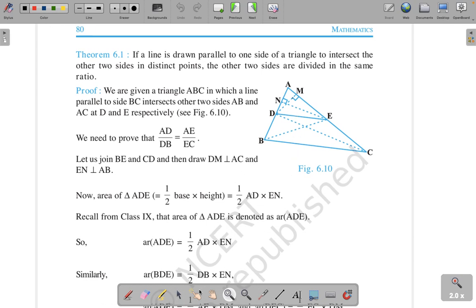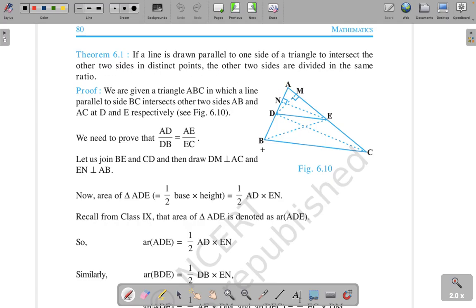If a line is drawn parallel to one side of a triangle to intersect the other two sides in distinct points.